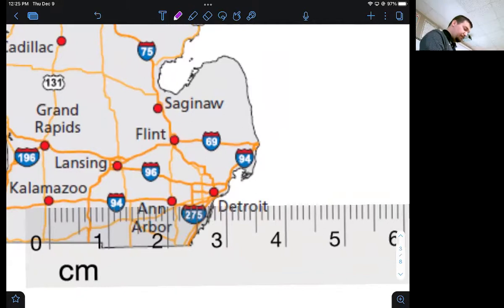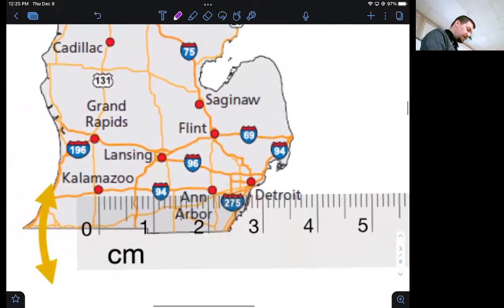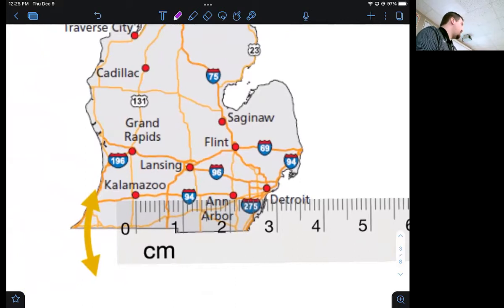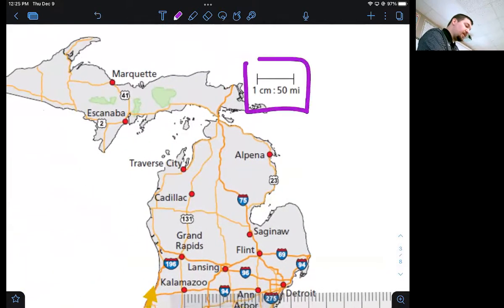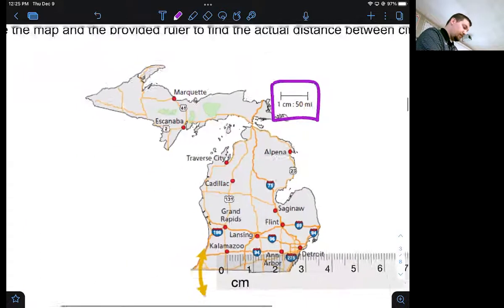So anyways, we're trying to find the distance between Kalamazoo and Ann Arbor. I would say, according to my ruler, your ruler might be different as you rotated it and you got a better answer, mine says about 2.1, but they rounded it to 2 centimeters. So if the distance on the map is 2 centimeters and each centimeter, like we did in our notes yesterday, is 50 miles, what would that be, Maddox? 100.